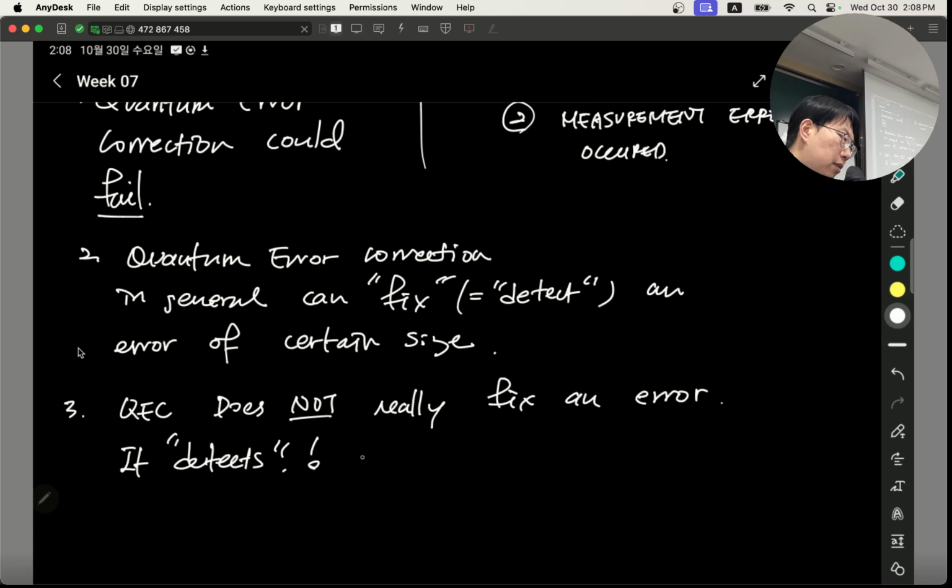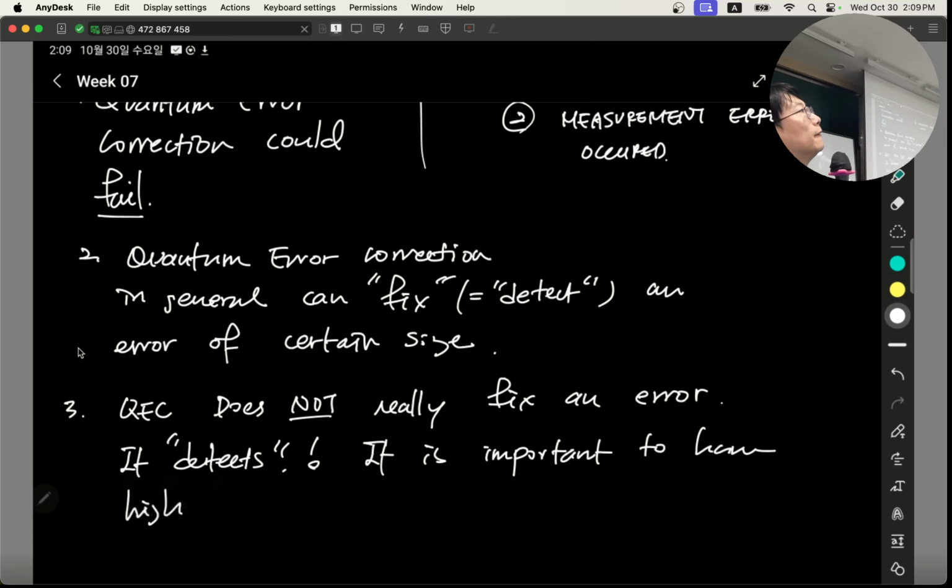So it is important to have, let me put it this way, an efficient error correction scheme.